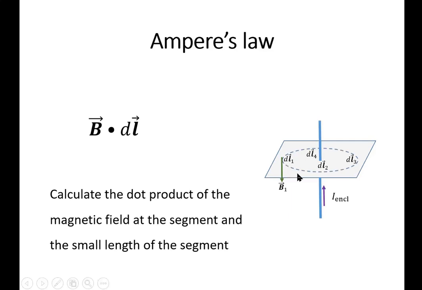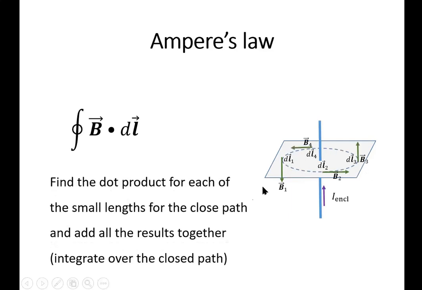And we continue to do the same thing for all of them. We come to this side, the small element dl, we find the magnetic field at that point, and we find the dot product. We do the same for this segment, this segment, this segment, and we do so until we are able to determine the dot product for each small element of the closed path.